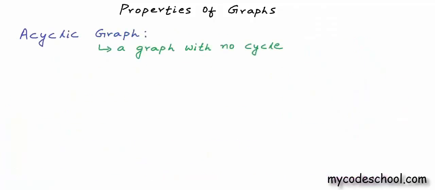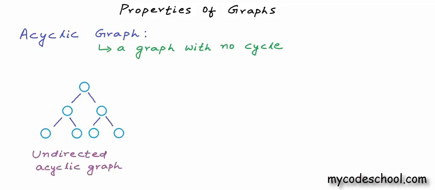A graph with no cycle is called an acyclic graph. A tree, if drawn with undirected edges, would be an example of an undirected acyclic graph. Here in this tree we can have a closed walk, but we cannot have a simple cycle. In this closed walk that I'm showing you here, our edge is repeated. There would be no simple cycle in a tree.